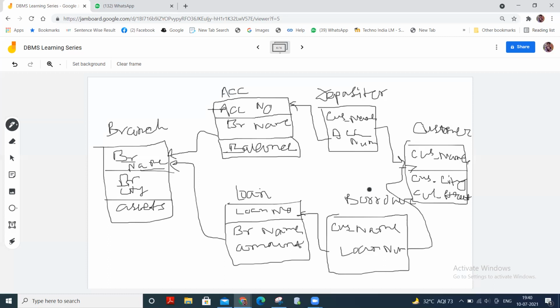And foreign key dependencies appear as arrows, like in this way. Here, branch name is the foreign key of loan and also of the account schema, and branch name is the primary key for the branch. So this arrow goes from the foreign key attributes of the referencing relation to the primary key of the referenced relation. So this is the referenced relation according to the branch name, and this is the referencing.